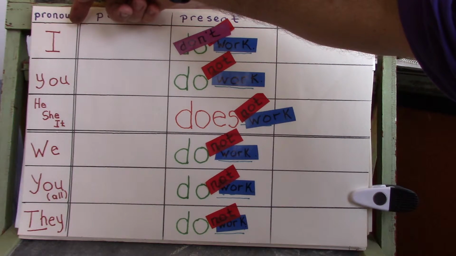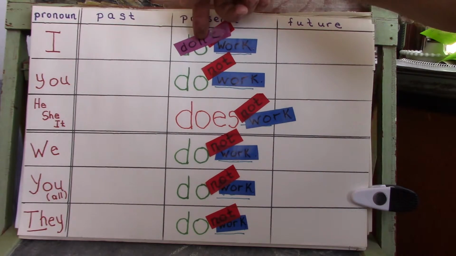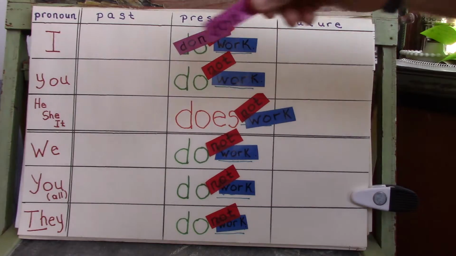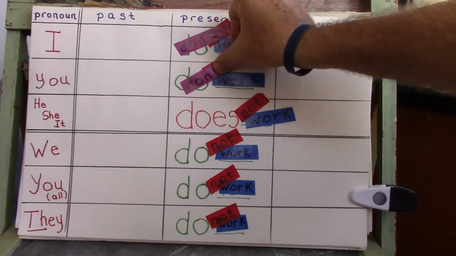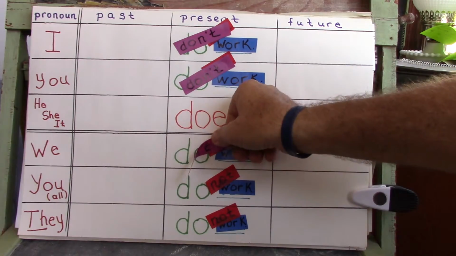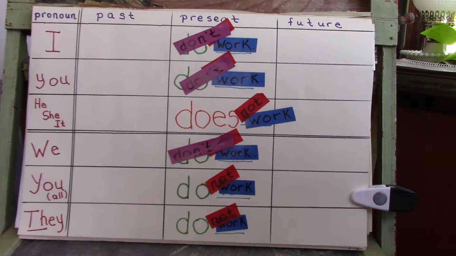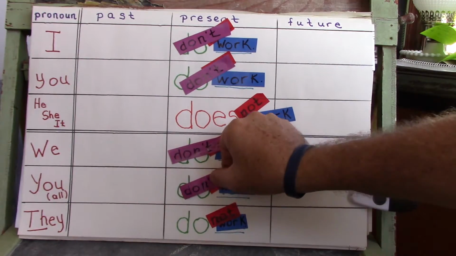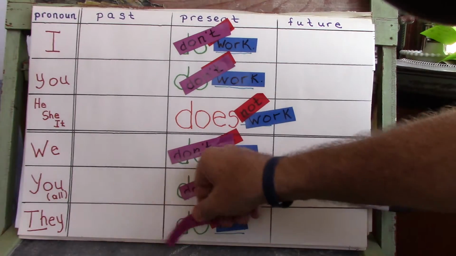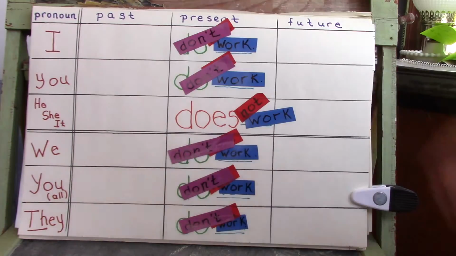Instead of saying I do not work, we can say I don't work. Another contraction. You don't work. We don't work. You all don't work. And they don't work.